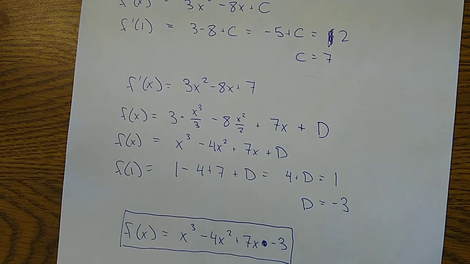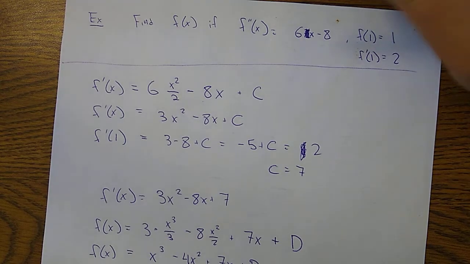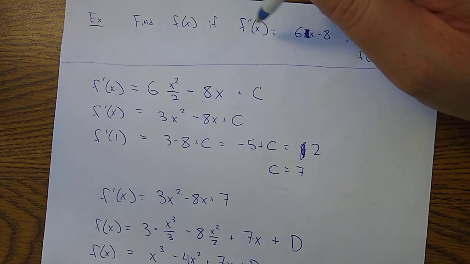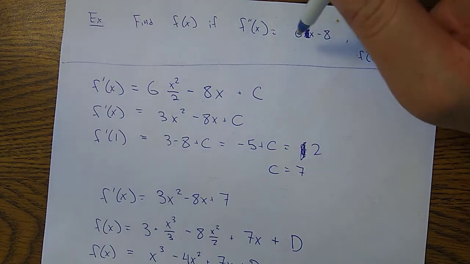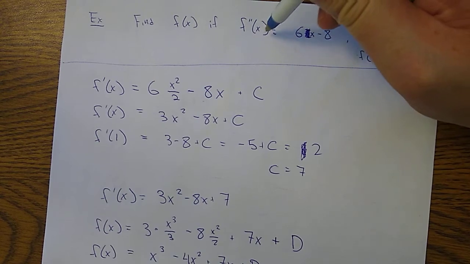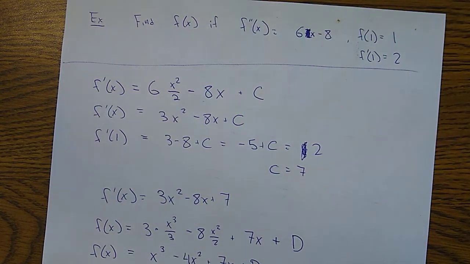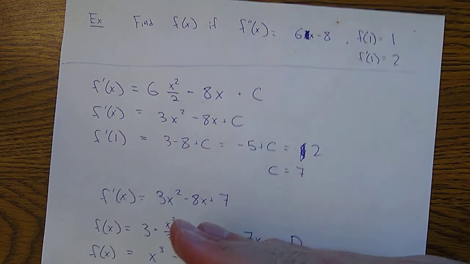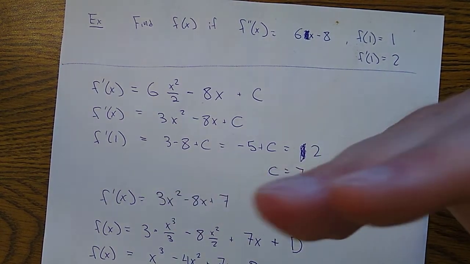There we go. And by the way, there's a homework problem where they do this with acceleration. They tell you the acceleration at time t, and they tell you that it's this function of t. Just remember that acceleration is the second derivative of the position function. There's the position function, and then the first derivative is the velocity function, and the second derivative is the acceleration function.